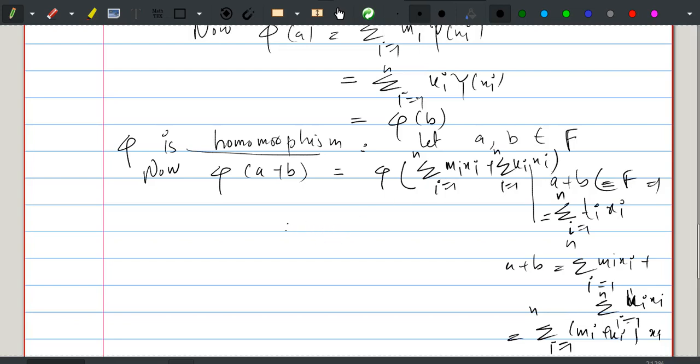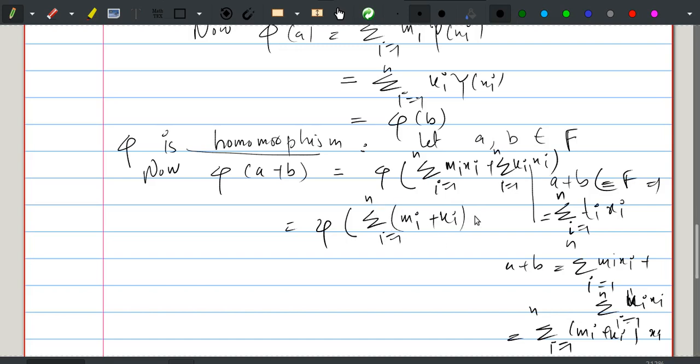So this is the same as phi of sigma i runs from 1 to n of mi plus ki, xi. So this is the same as sigma i runs from 1 to n of mi plus ki, times gamma of xi.